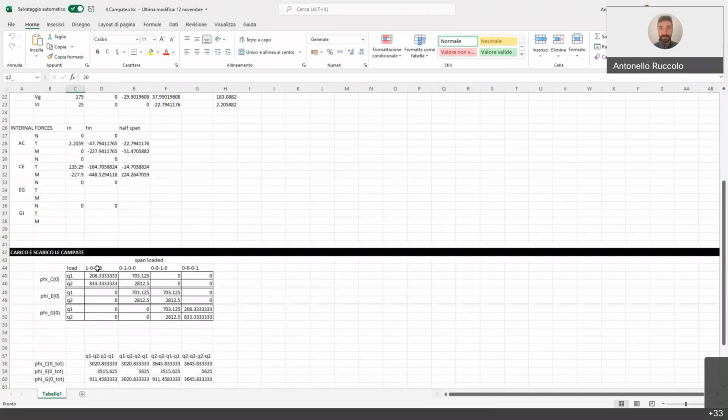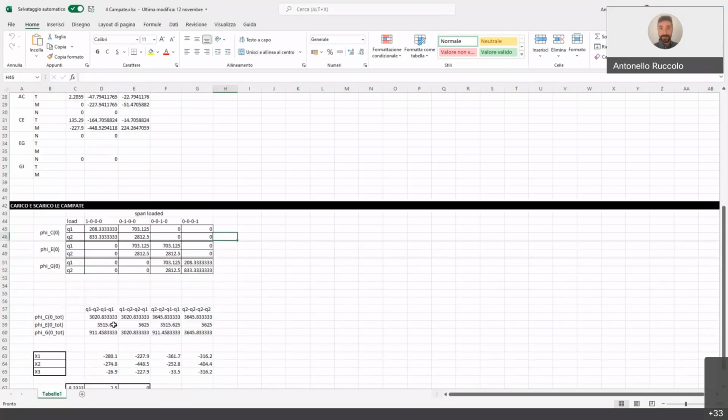So if we want to load a lot the first beam, we can consider one case or the other case. When we load with just Q1, we will obtain this value of the coefficient. Whereas if we use the higher load, Q2, we will have a different value. PC is just the rotation, delta rotation in the node C.